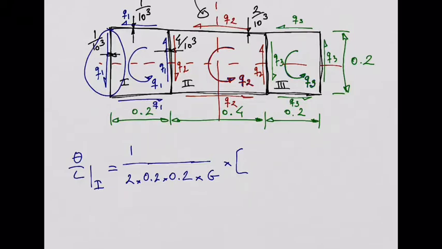I need to have the shear flow in that wall, which is Q1. So I'm going to write here Q1 is the shear flow. I need to multiply this shear flow by the length of the wall, which is 0.2, and I need to divide by the thickness, okay? So the thickness is 0.001, right? Or 1 over 10 to the power 3.